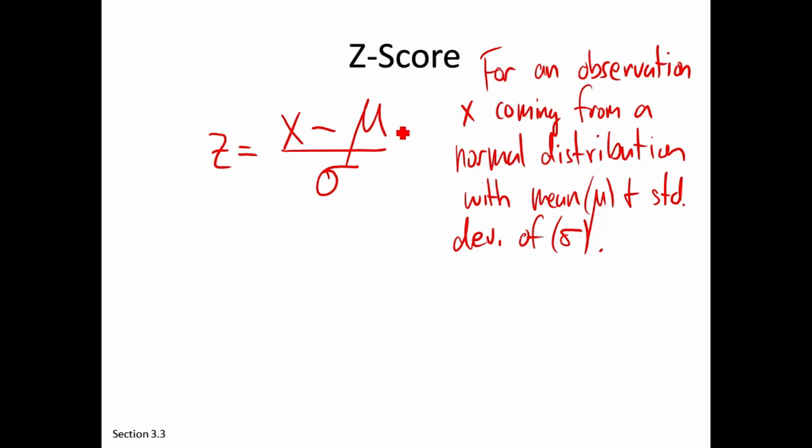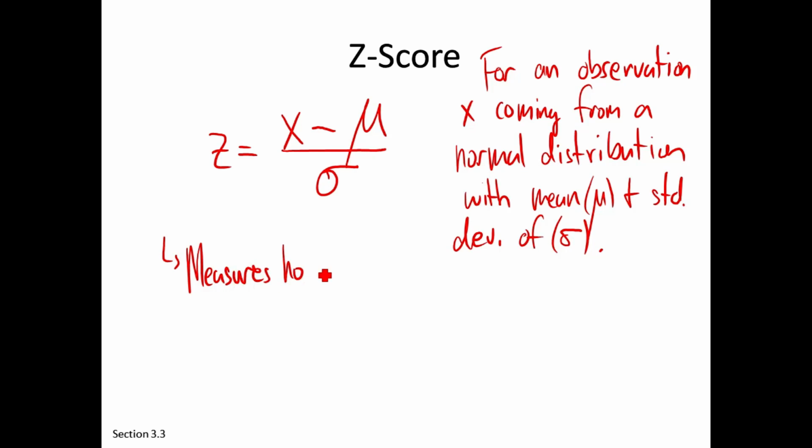Notice the numerator is just the observation minus the mean. That's just a deviation, how far above or below the mean it is. Then we divide by the standard deviation, basically scaling it down to figure out how many standard deviations above or below an observation is. So what does it actually measure?